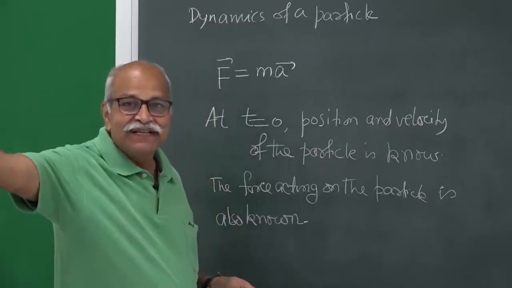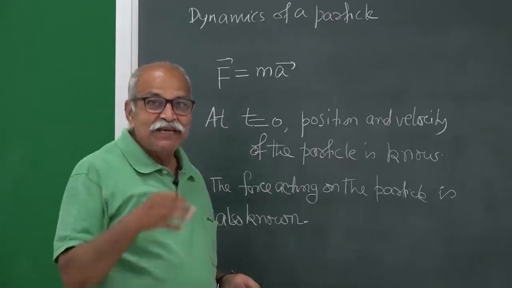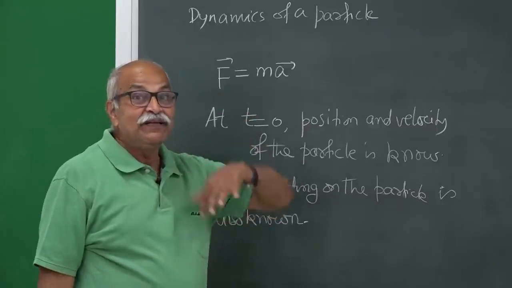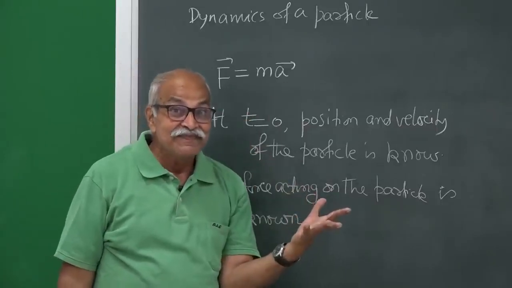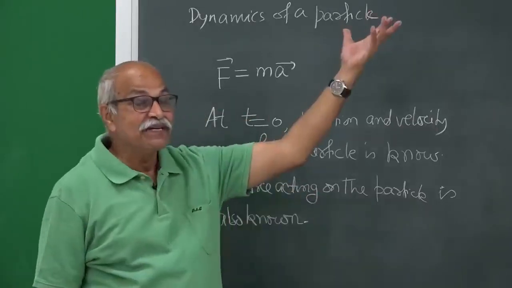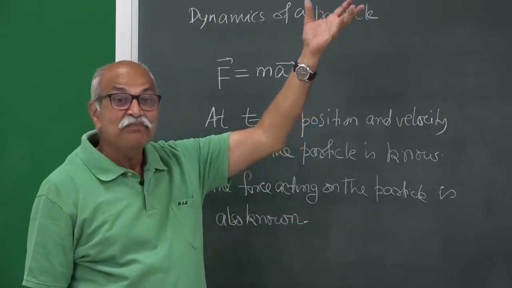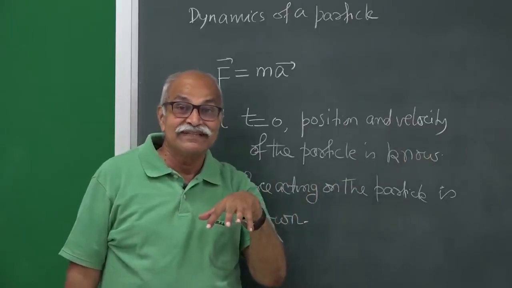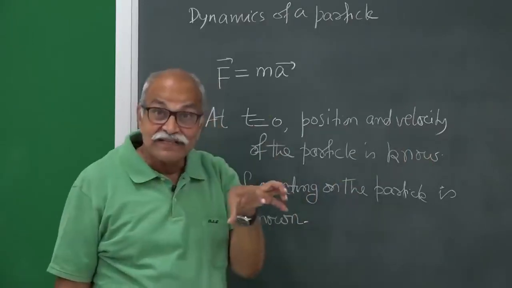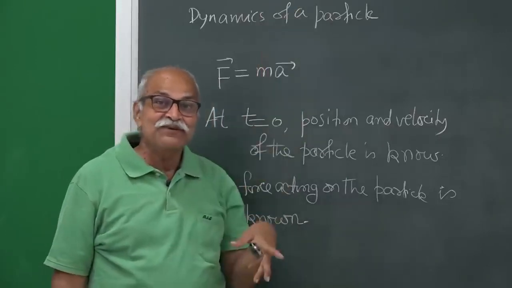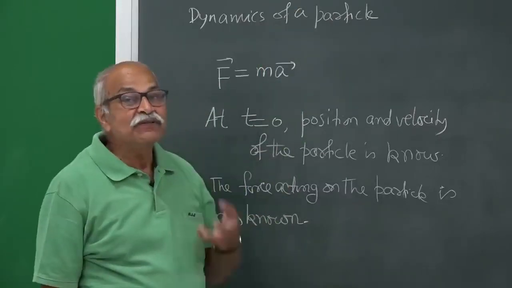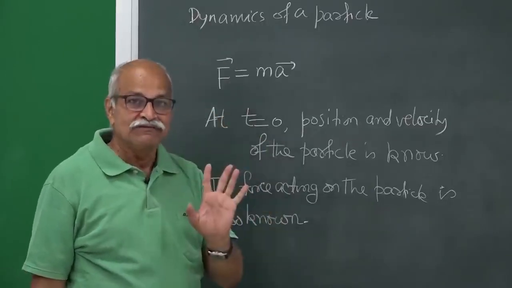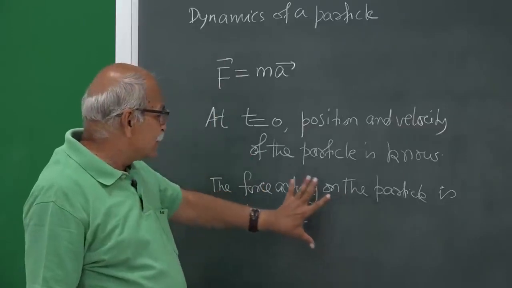If it has gone somewhere else, the force is different. So force may depend on the position of the particle, or on the velocity of the particle. If you throw something with high speed in air, the force by the air on that object, we generally call it air resistance, depends on the velocity, or the magnetic force depends on the velocity. Force may depend on time. Whatever it is, it is known, in that entire duration.